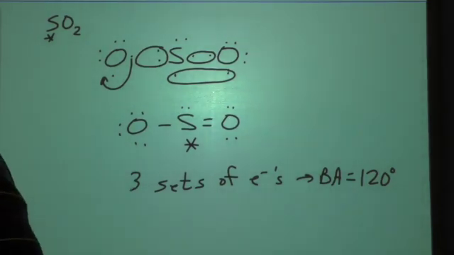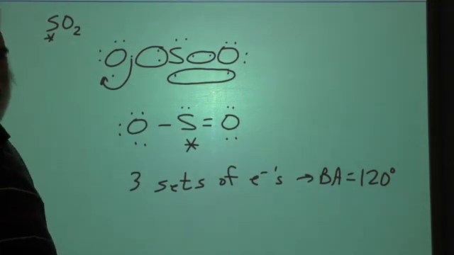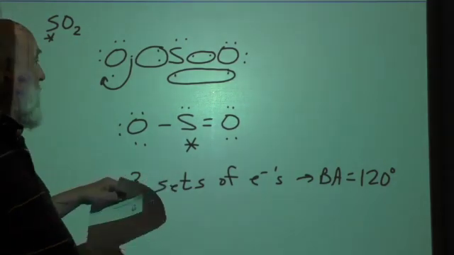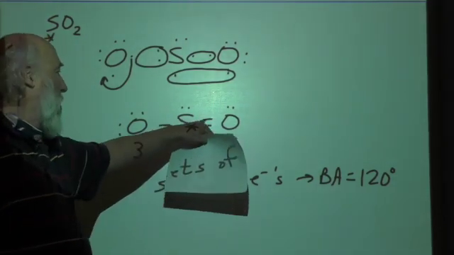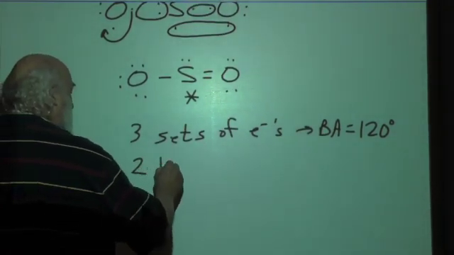Now, here's the kicker. Okay? How many bonds do we have around that sulfur? Now it's different from what we had the last 2 times where they were the same. We only have 2 bonds here, a single bond and a double bond. Okay? So I'm going to put 2 bonds.